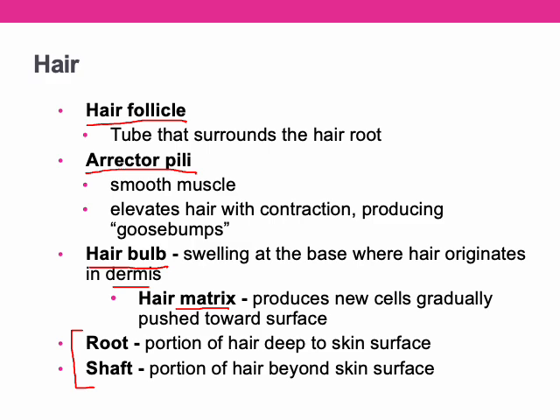What these do is elevate and raise the hair in situations when there is a stimulus such as fear, or when someone is cold, and they create what is known as goosebumps. Goosebumps, we know they are there, but we don't know what the function of them is.